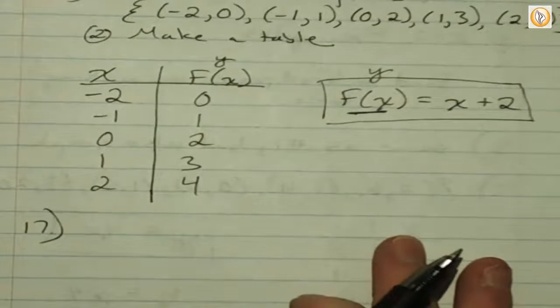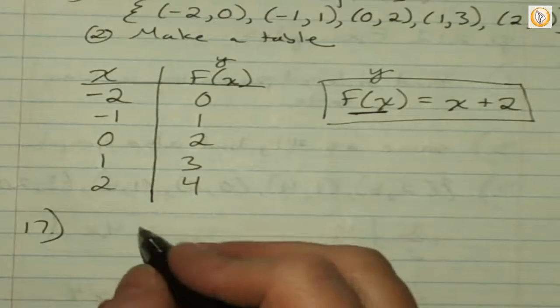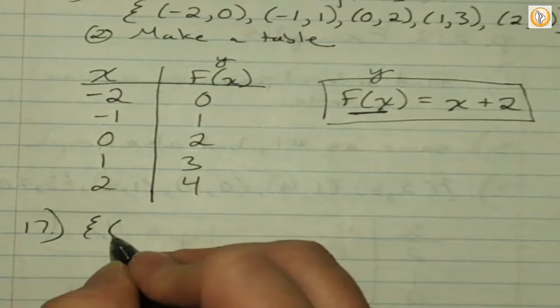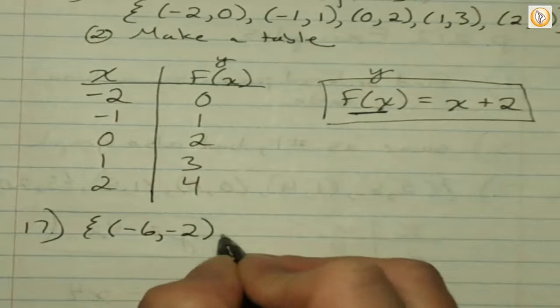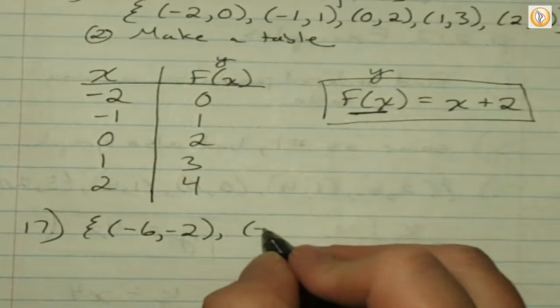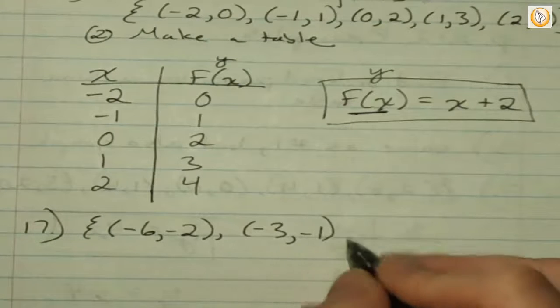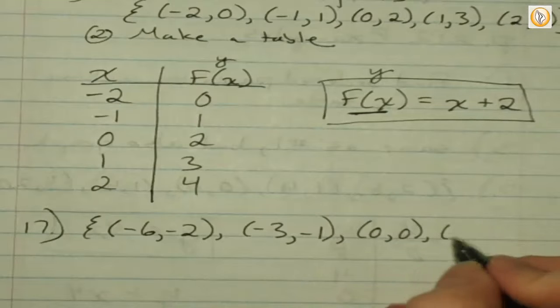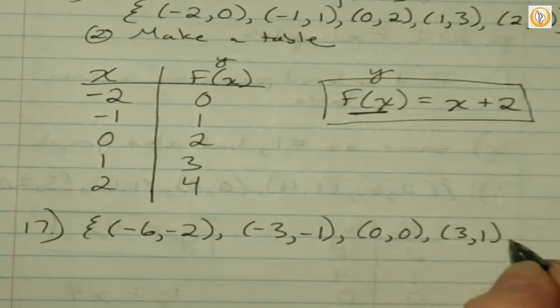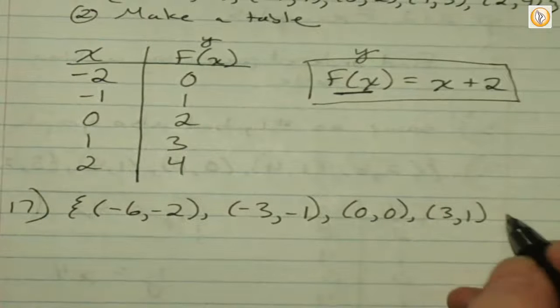For 17, it's a straight line, and I'm going to set y'all free. -6 and -2 can be found there. -3 and -1. Do y'all see where I'm going? And 3 and 1. And that's enough. You don't have to have too many.